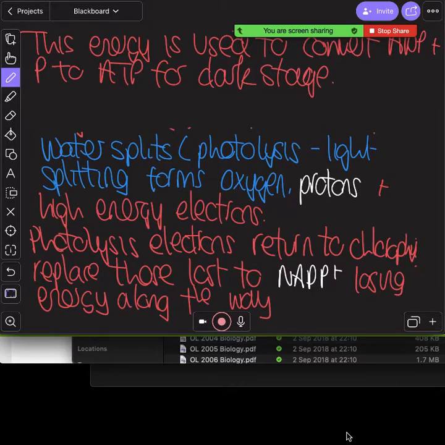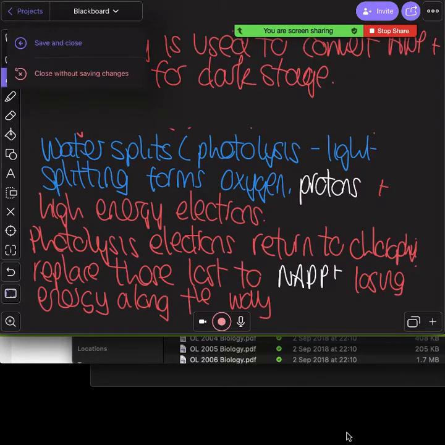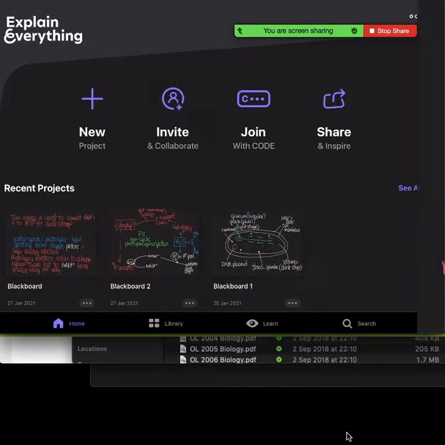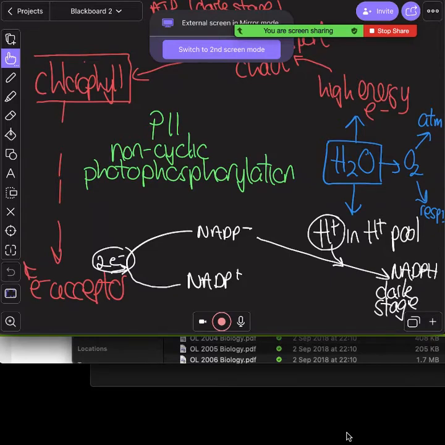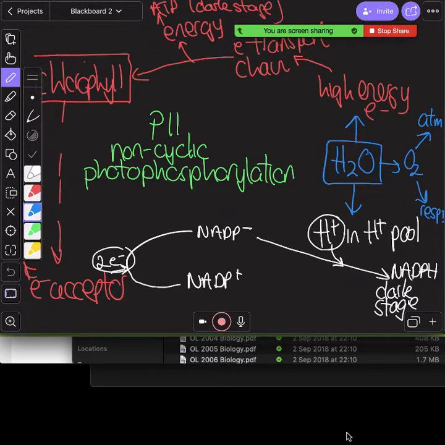Miss, what do you mean by the photolysis electrons return to chlorophyll and replace those? Give me a second, save and close. So this is what this means. These are photolysis electrons. If you want to just put photolysis above them, and we'll put it in blue. These are the photolysis electrons because they're made from splitting of water. Whereas over here, the electrons that came in originally come just from your chlorophyll.